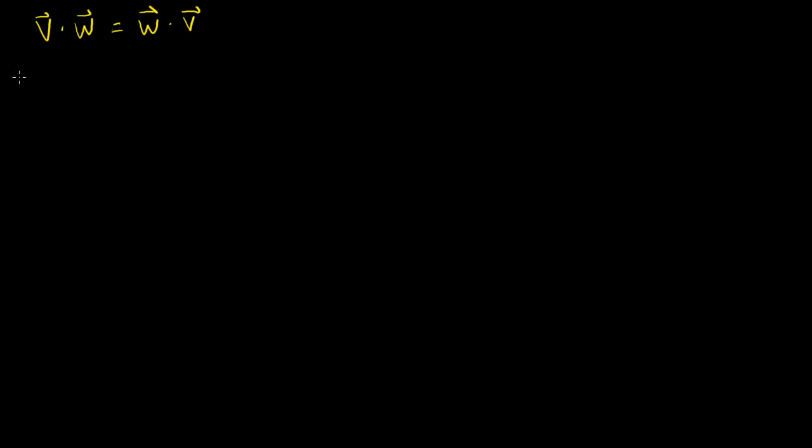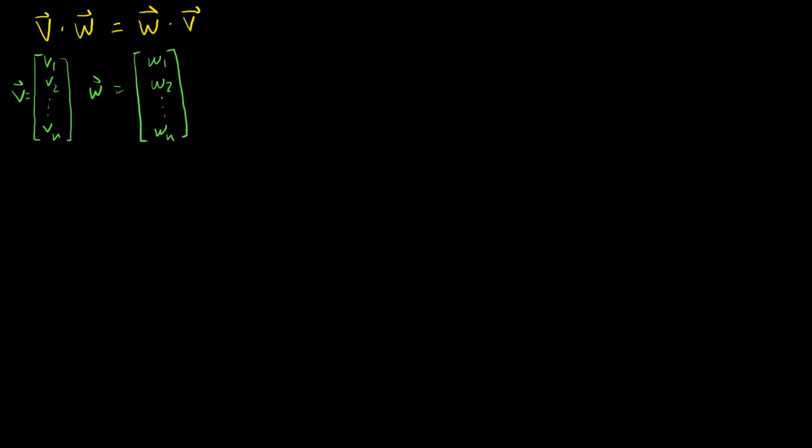Let's just write out the vectors. So v will look like v1, v2, all the way down to vn. Let's say that this is equal to v. And let's say that w is equal to w1, w2, all the way down to wn.